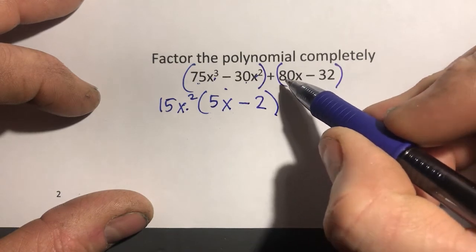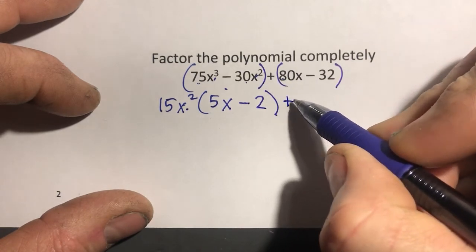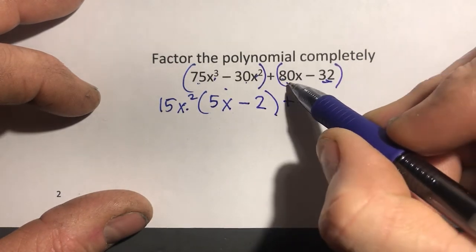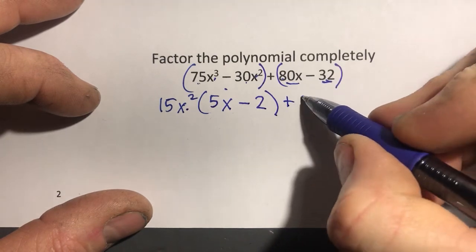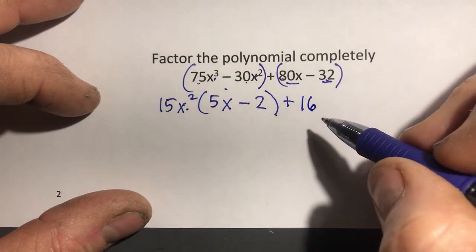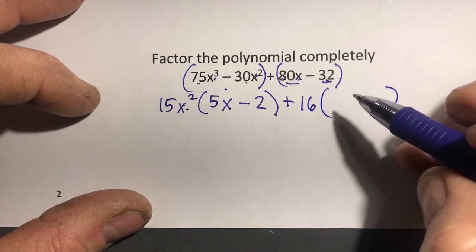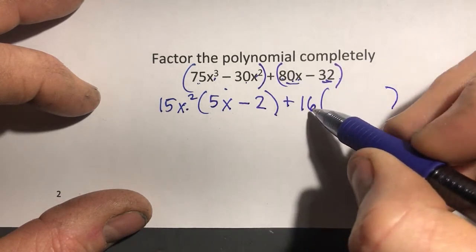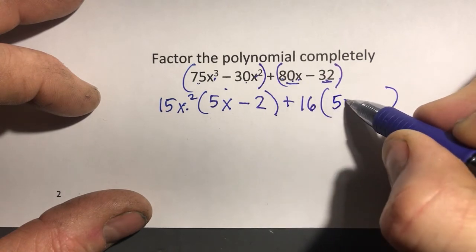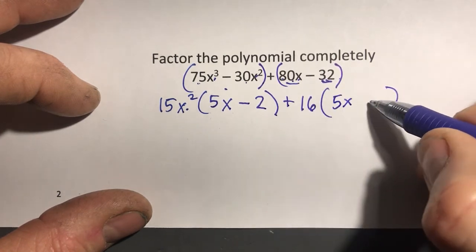Now when I go to this one, since this is a positive 80, I just bring this plus down, and 80 and 32. 16 goes into both of those. And this has an x and that one doesn't, so that's all I can pull out there. All right, so 80 divided by 16 is 5. I've got the x. And then negative 32 divided by 16 is negative 2.